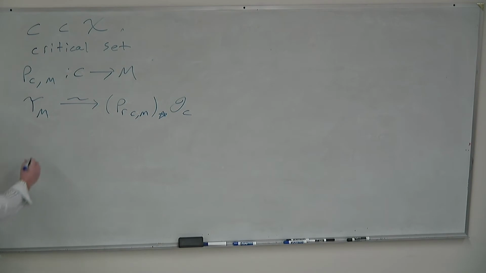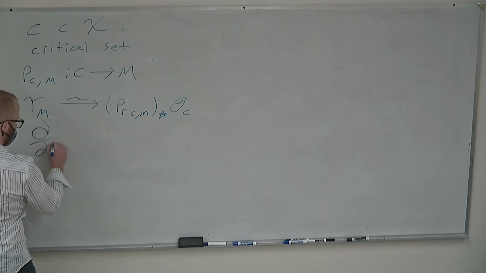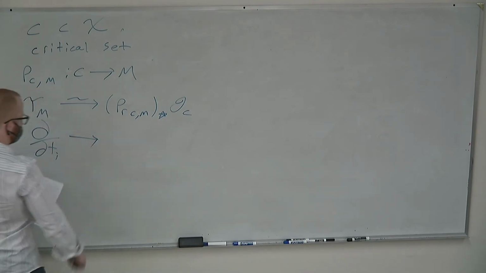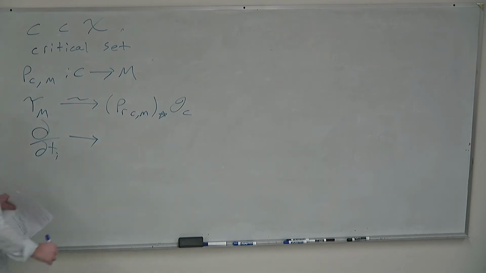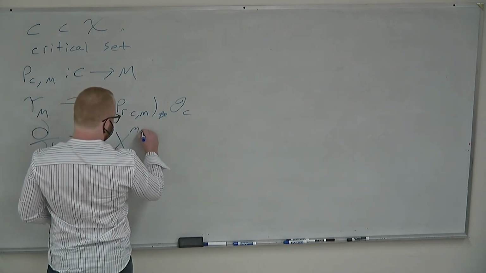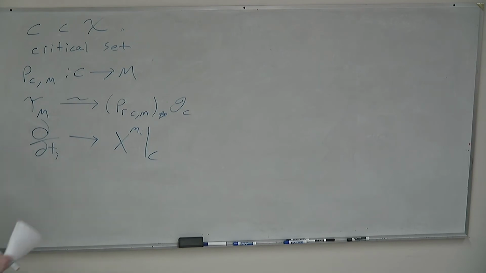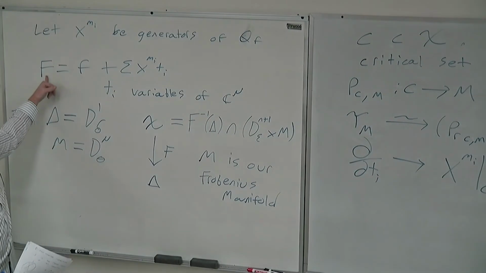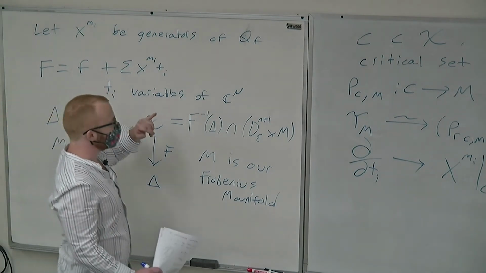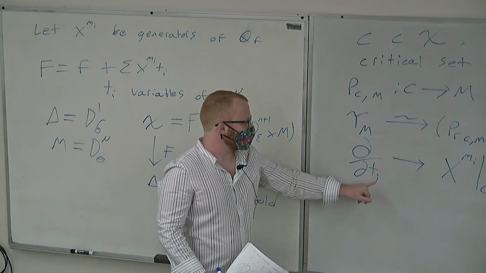Okay. What's going on here is if I take my tangents in the TI directions, this I can just map to the generators of my Jacobian algebra. Now, you might also see this written as the derivatives of my semi-universal unfolding with respect to these variables.